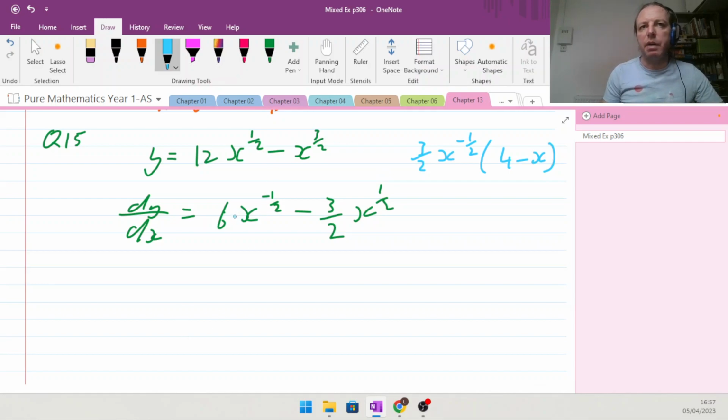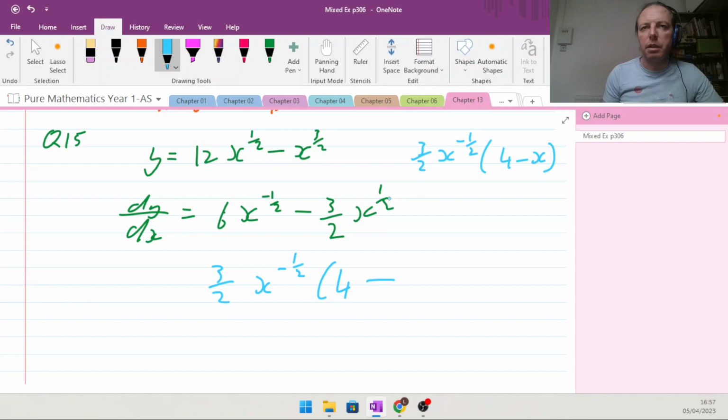How many 1.5s are there in 6? 4. Okay, so taking the 3 over 2 out, we are left with the 4. Taking out the x to the minus a half, that one's gone.